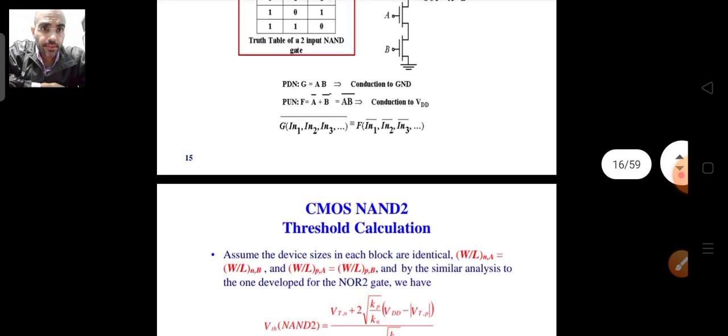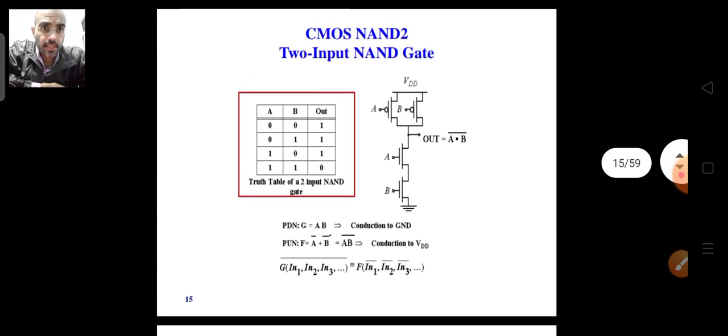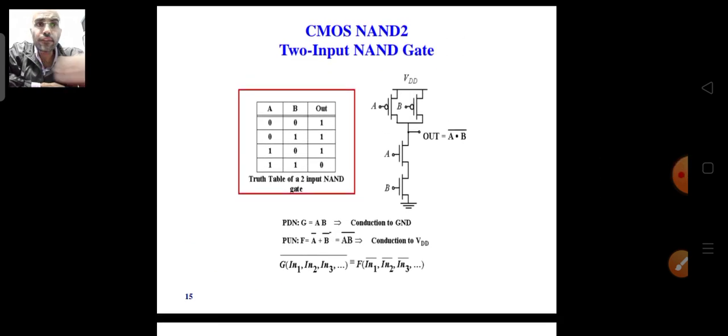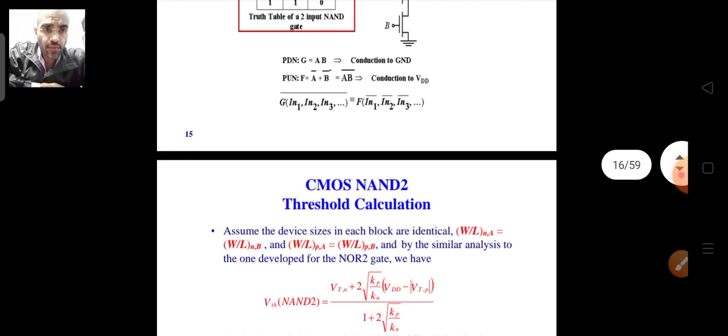We have seen the threshold voltage of our NOR gate. Now let's try to see the threshold voltage of our NAND gate. First of all, we have seen how our NAND gate is realized. This is the same slide which we have seen earlier.